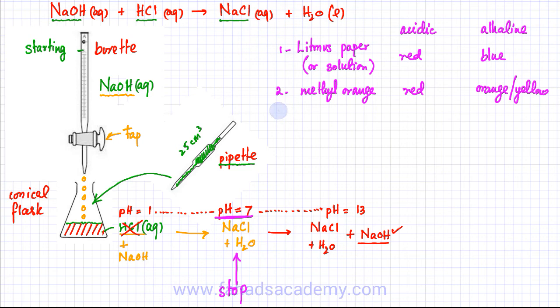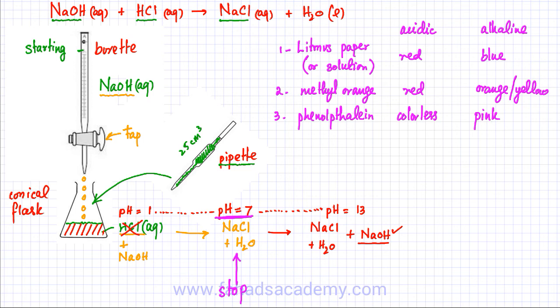The third that we can use is called Phenolphthalein, which is colorless in acid, and it would be pink or purple in alkaline conditions.